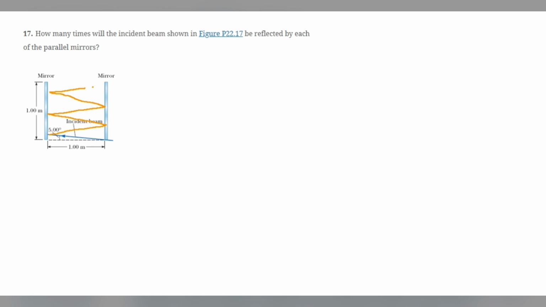So basically what we want to do is to count how many reflections we're going to have in the left mirror and how many reflections we will have in the right mirror. This is what we want to basically find out. So we will have to use some of our knowledge of trigonometry in this case.